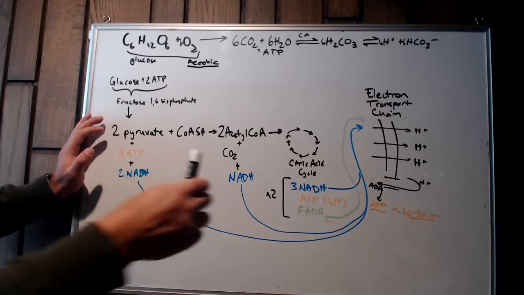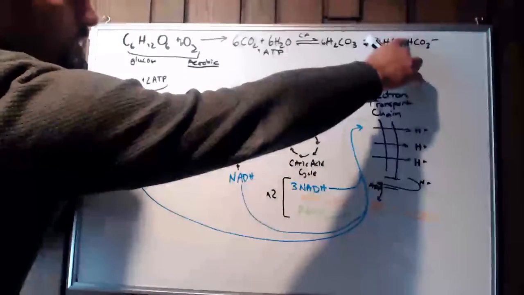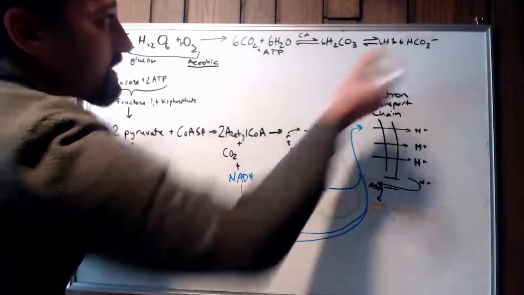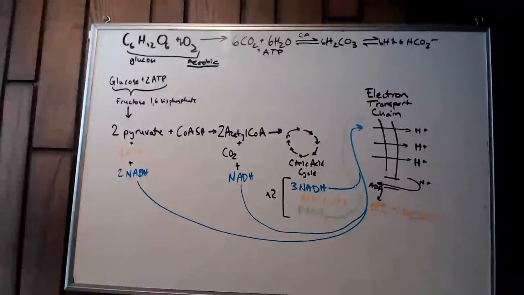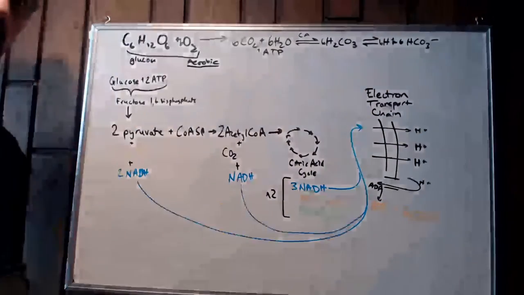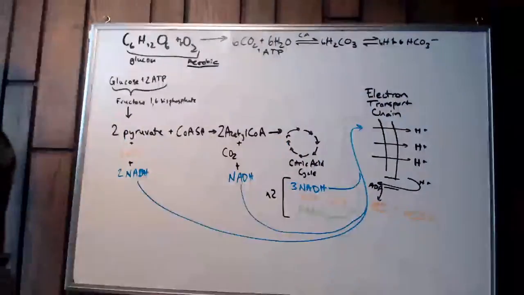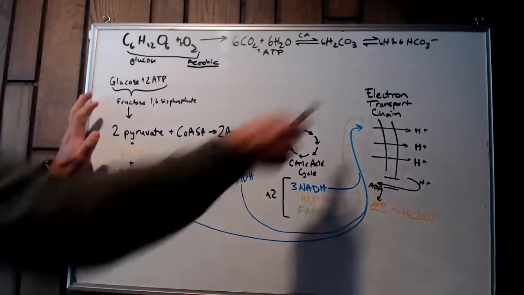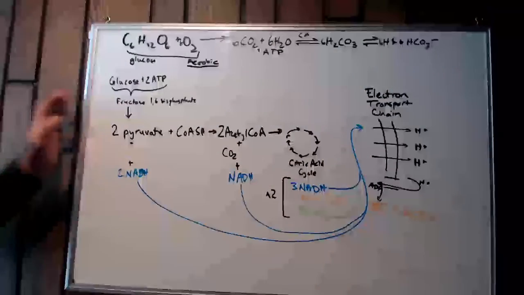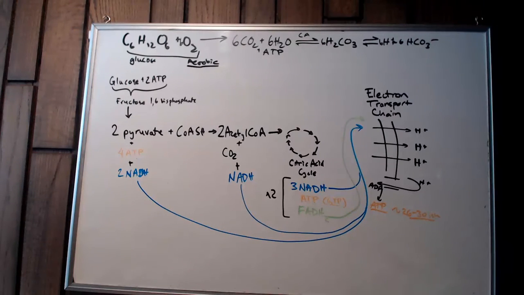That's a 6, not an H, even though it looked like an H. So 6 H+ plus 6 HCO3-. That is our carbonic acid, a bicarbonate ion, and the hydrogens alongside it. Shove a sodium in there and you have baking soda, or sodium bicarbonate. And now you know that.